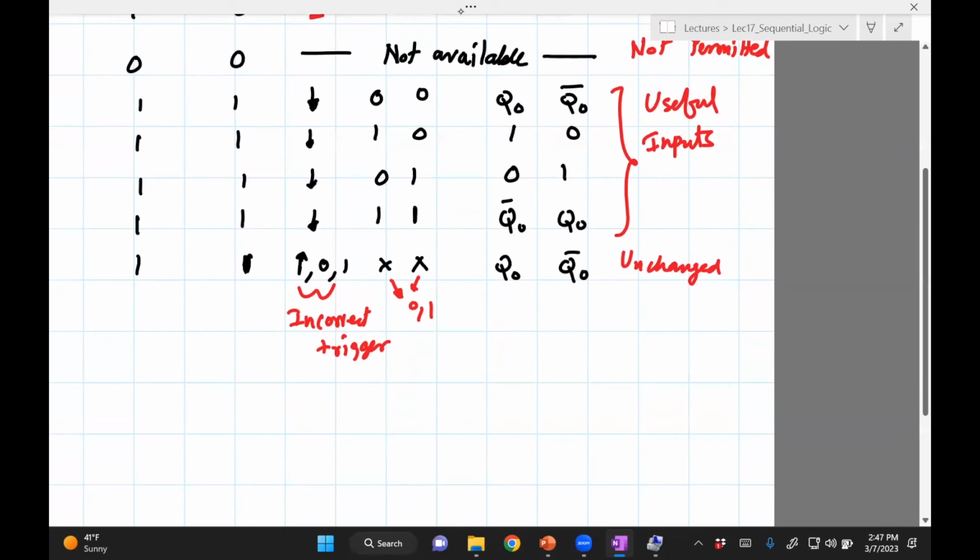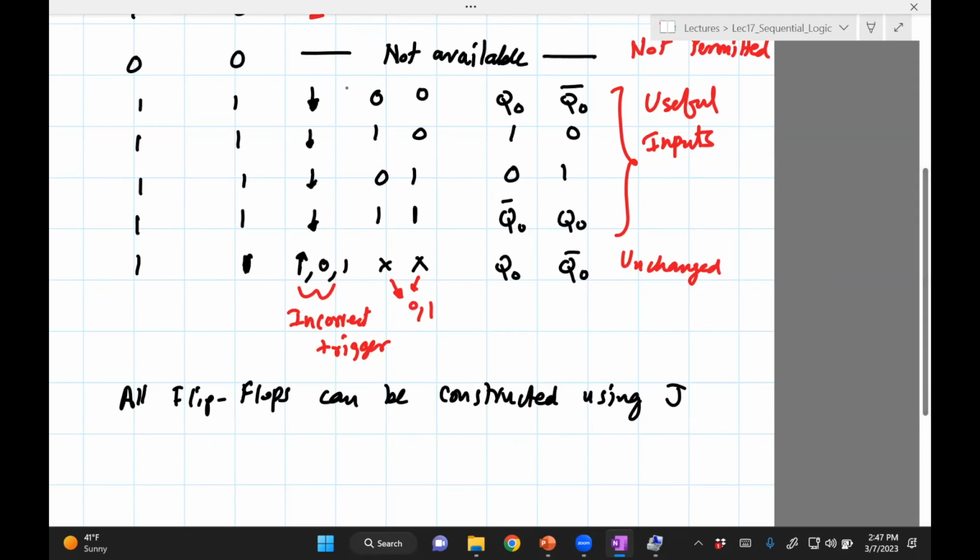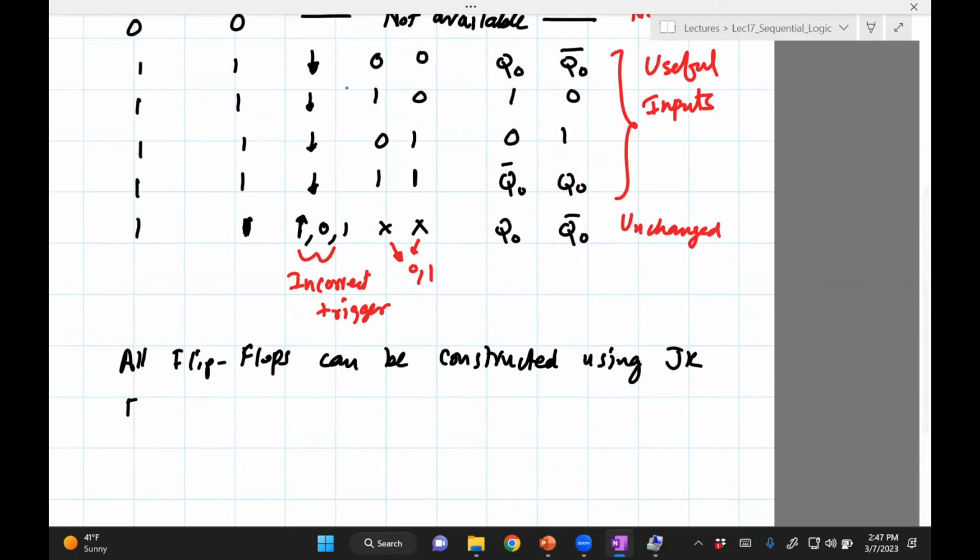Okay, and then the good news here is that all flip-flops can be constructed using JK flip-flops.